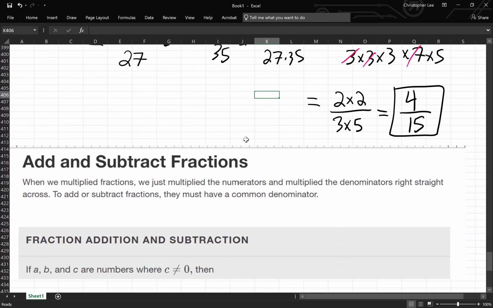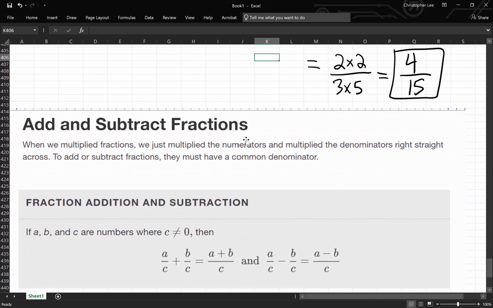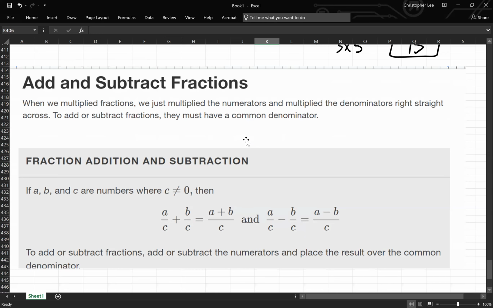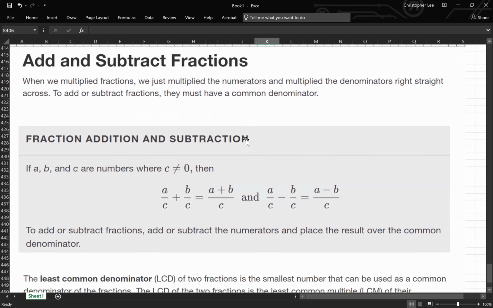So, fraction addition and subtraction: if A, B, and C are numbers where C cannot equal 0, then A over C plus B over C is equal to A plus B over C. And also, A over C minus B over C is equal to A minus B over C. So to add or subtract fractions, you add or subtract the numerators and place the result over the common denominator. That's the sauce right there.